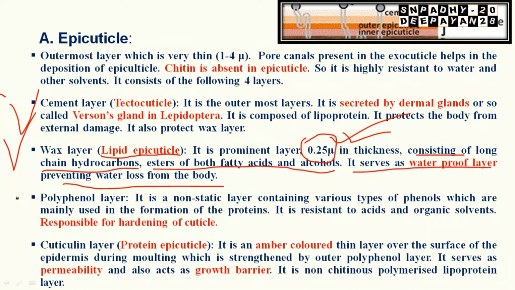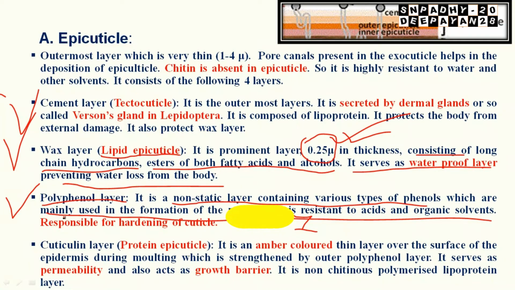Over. Then come to the polyphenol layer or phenolic layer. It is a non-static layer containing various types of phenol, which are mainly used in the formation of proteins. It is resistant to acid and organic solvents. First function, not that important, but still important.